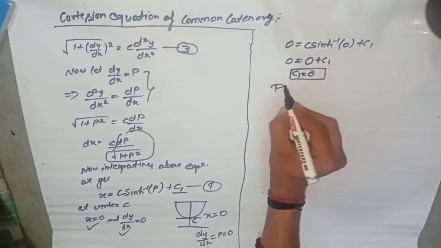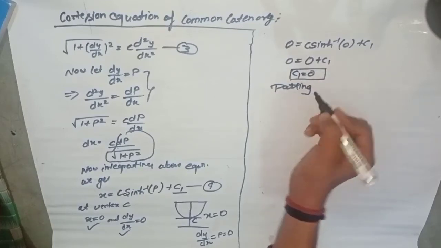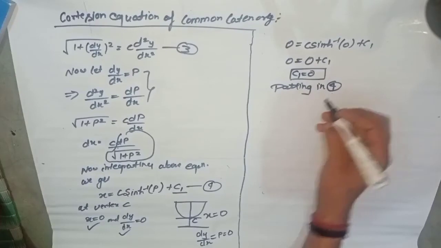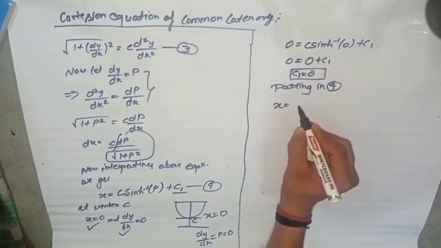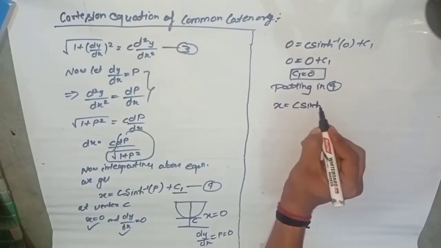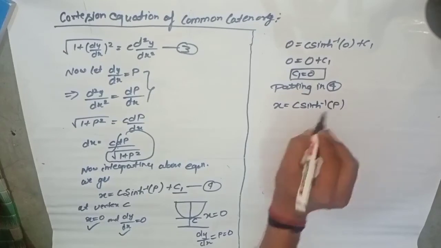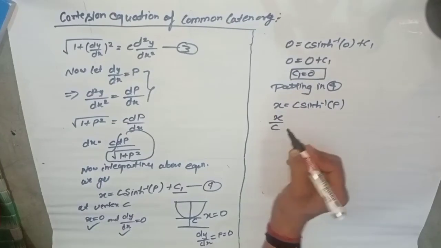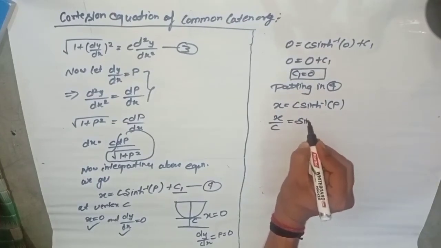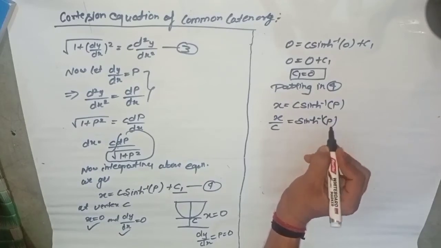Putting this in 4, we get x equal to c sine hyperbolic inverse p. This is written as x upon c equal to sine hyperbolic inverse p.